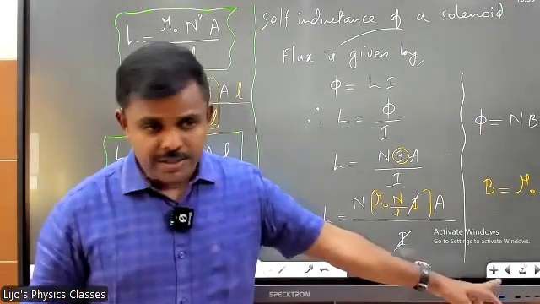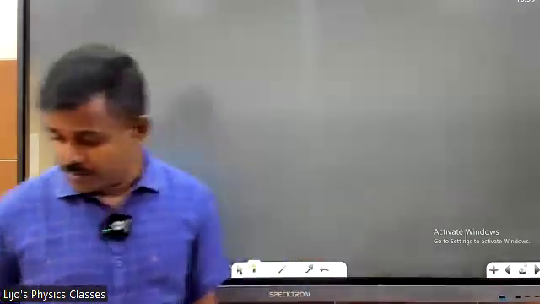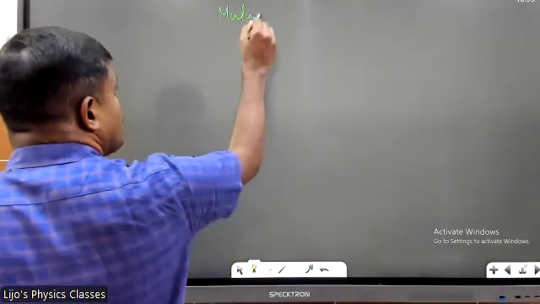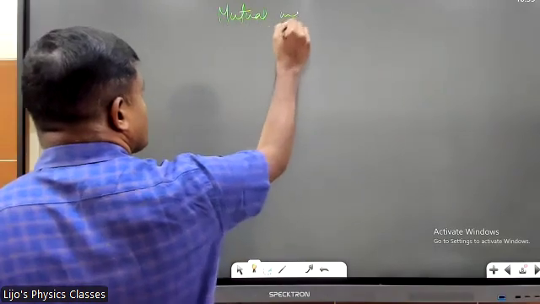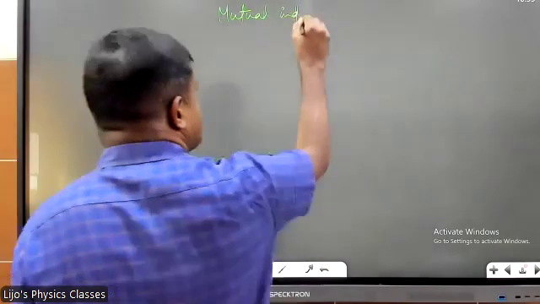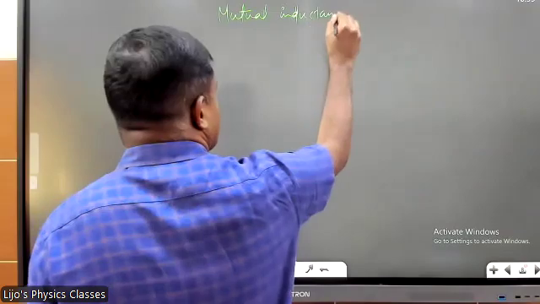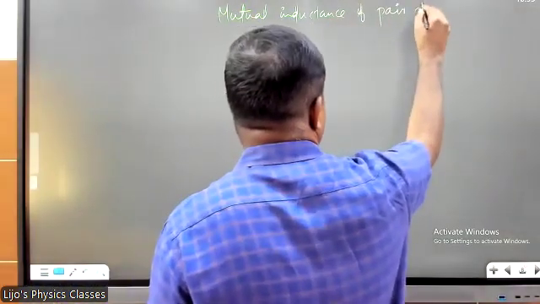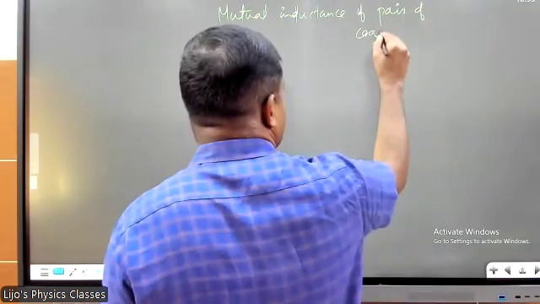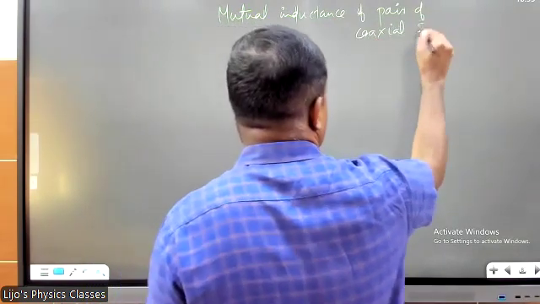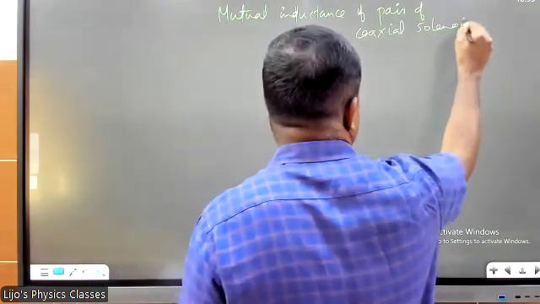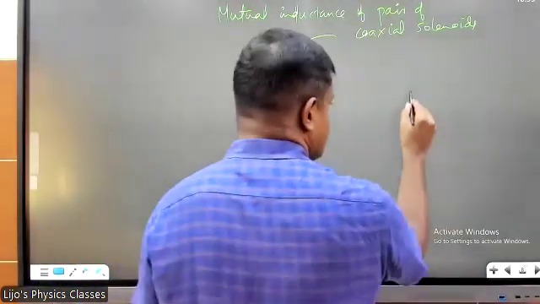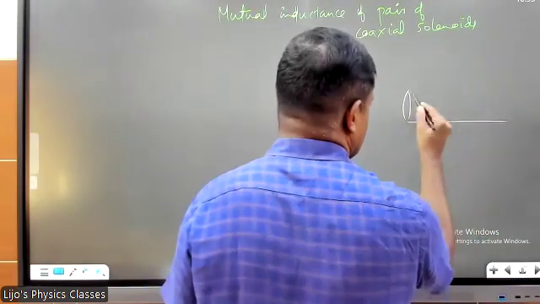Okay, finished. Now mutual inductance also we will do. Now write again: mutual inductance of a pair of coaxial solenoids. We found out self-inductance. Now it is mutual inductance. You know what coaxial means? Coaxial means same axis.